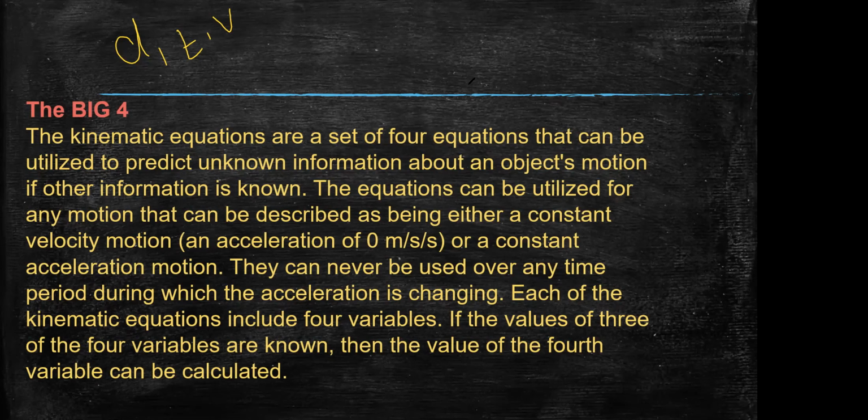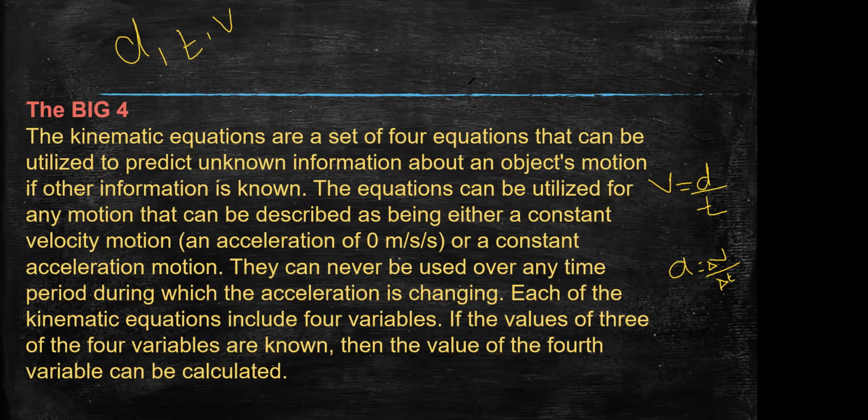So you can find or predict the unknown information about an object's motion if other information is known. Since you know D and you know T, you can find V. Before that, all of us know that the velocity is d over t, and the acceleration is delta v over delta t.